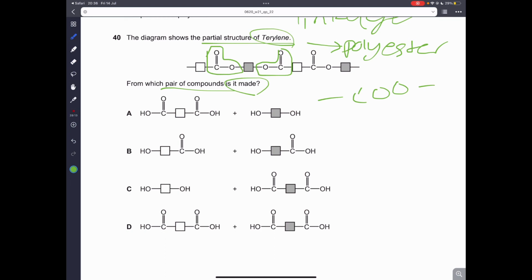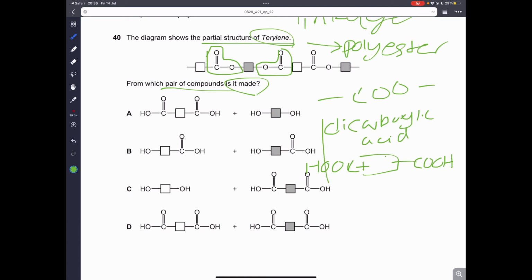The first monomer is a dicarboxylic acid, which has a COOH group at each end, and the other is a dialcohol, basically a diol, D-I-O-L, diol.